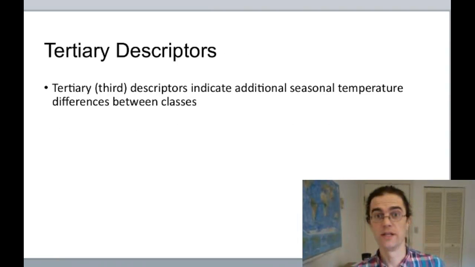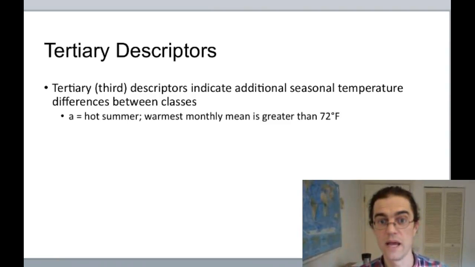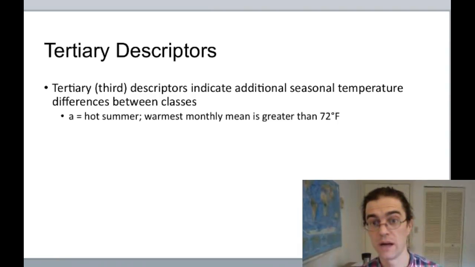And then our tertiary descriptors are our third ones, right? Tertiary just being a big word for third. They indicate additional seasonal temperature differences between classes. So for instance, A for hot summer, the warmest monthly mean being greater than 72 degrees Fahrenheit or about 20 degrees Celsius.